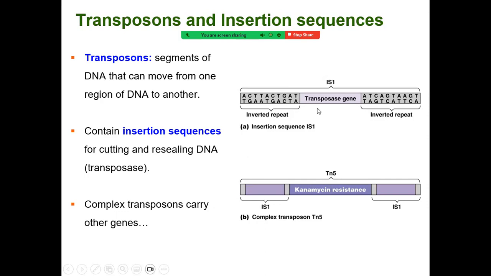But a complex transposon contains other genes. Usually a complex transposon has a complete functional transposon on this end of the complex transposon, and then another transposon at this end.